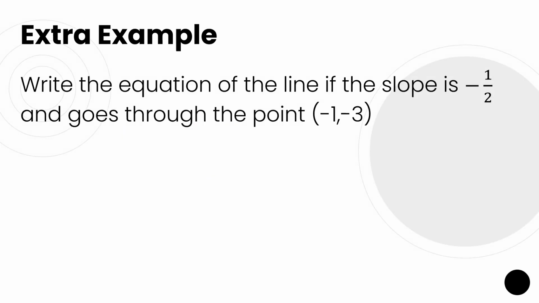Again, extra examples if you need help preparing for an assessment. We're going to write the equation of a line that has this slope, so that's my m, and goes through this point, so that's my xy coordinate. Well, if I have a point and a slope, I have to write the equation in point slope form because that's what I'm given.